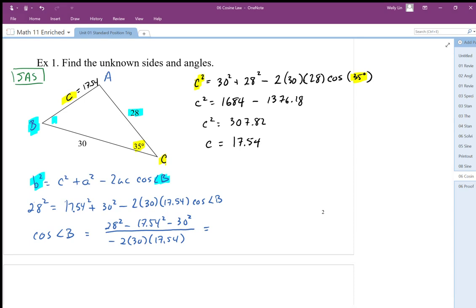So let's go 28 squared minus 17.54 squared minus 30 squared equals negative 423.65. Again, your decimals might be a little bit off from mine because at some point we have to introduce rounding.